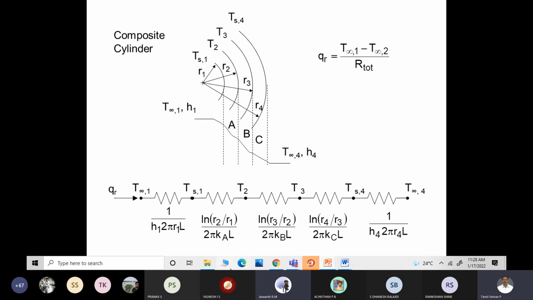Some students make the mistake here; instead of substituting 2 pi R1 into L, they substitute some other thing. Why is R4 considered? Because the outer radius is exposed to the cold fluid. Am I correct?